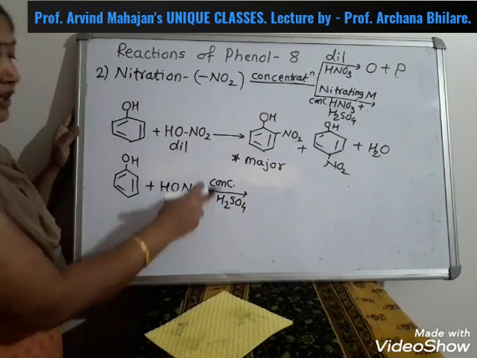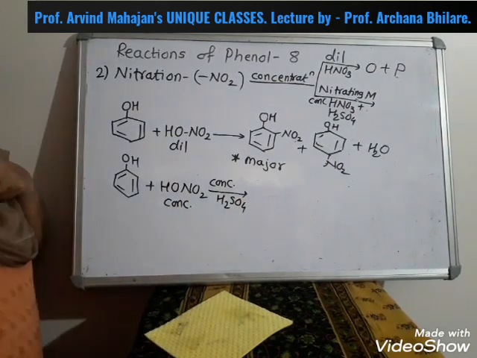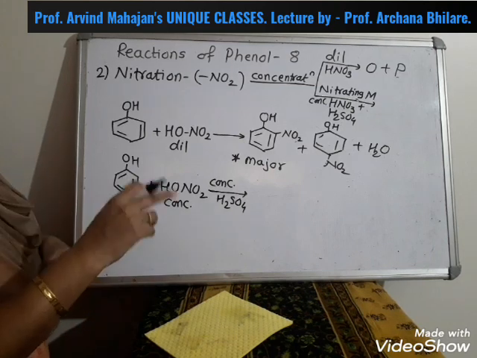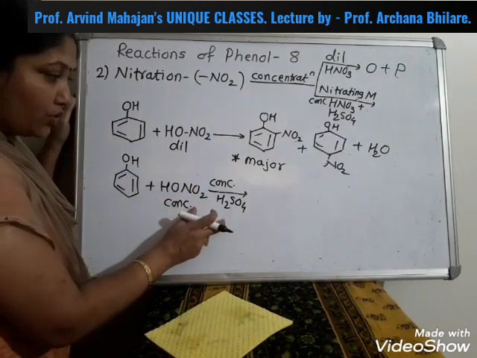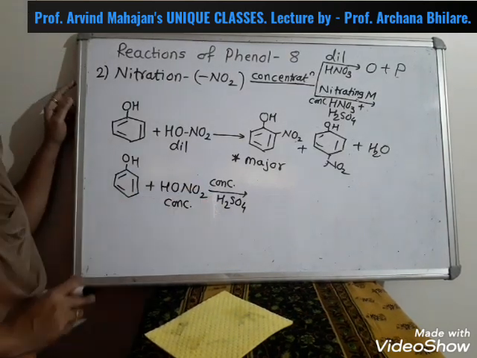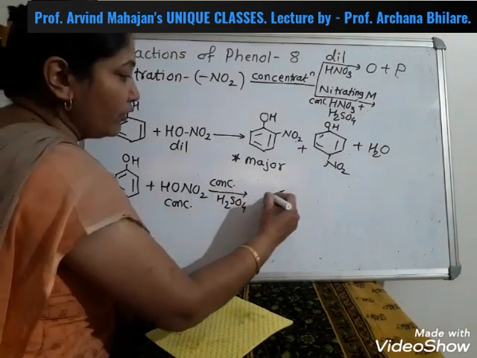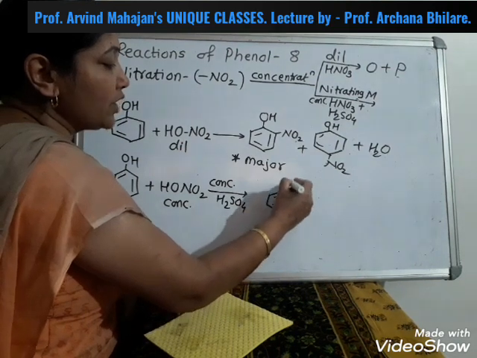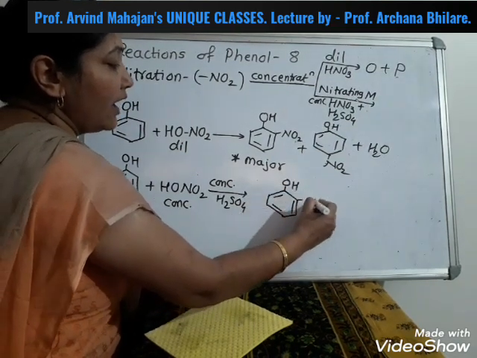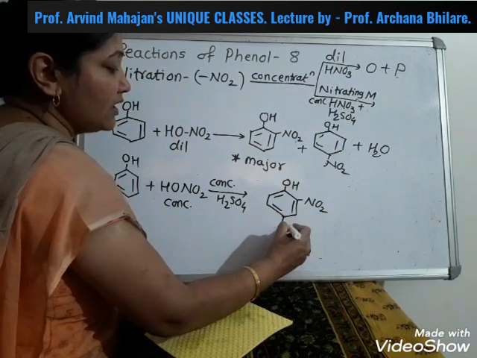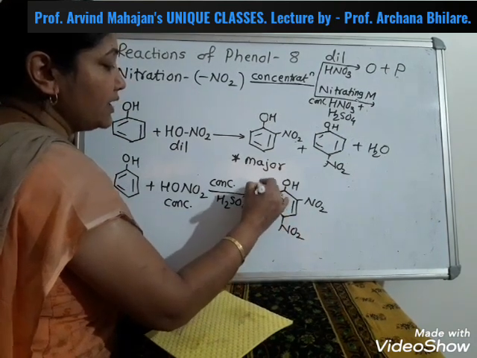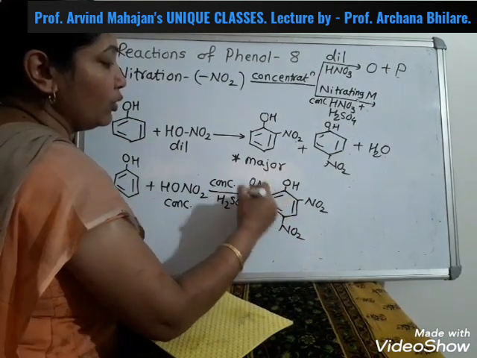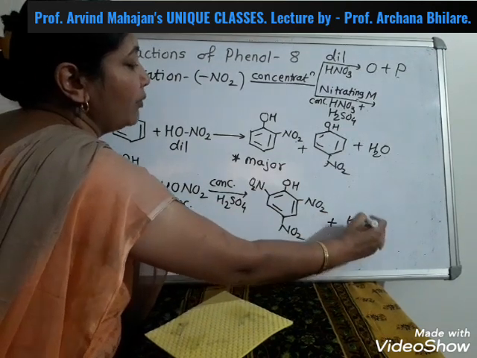In 11th we studied these two acids, they react with each other and they produce NO2 group. So source of NO2. So we call this nitrating mixture. And the product formed. Again, strong conditions are there. So all positions get activated, and like the previous case, substitution takes place at both ortho and one para position.